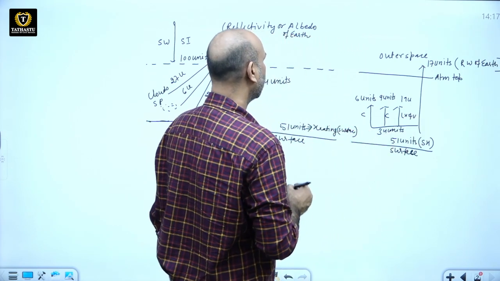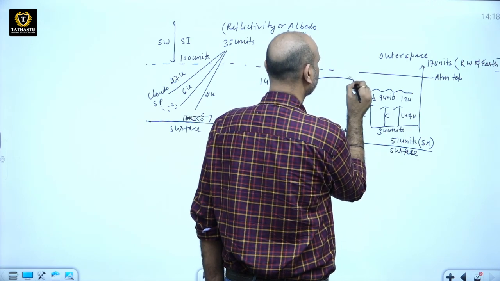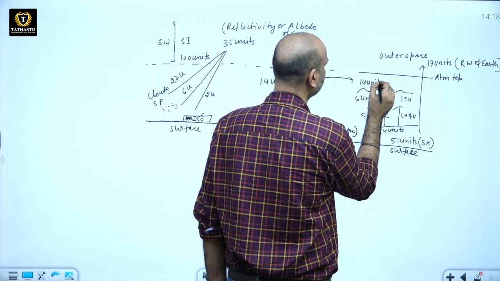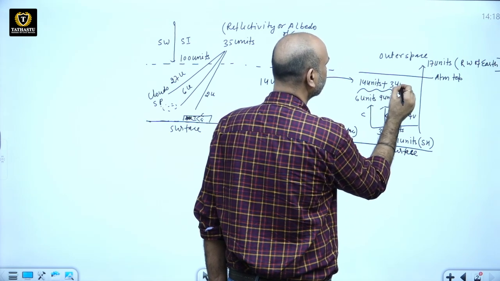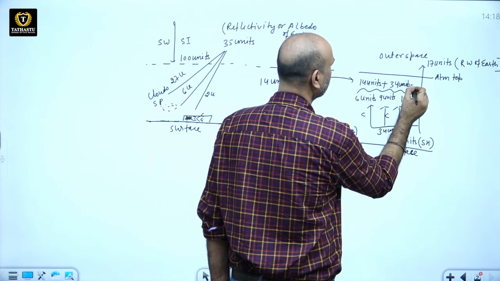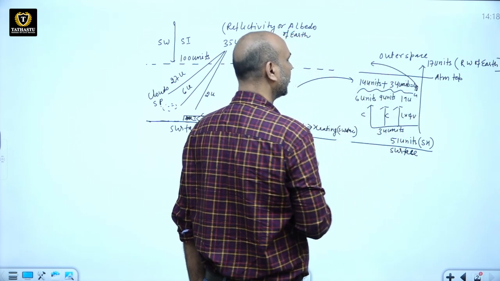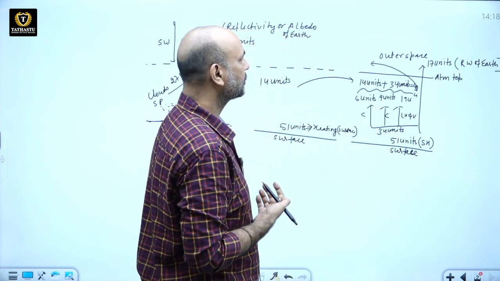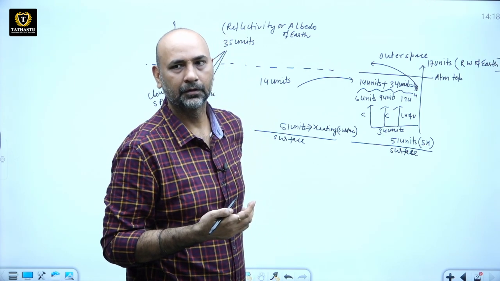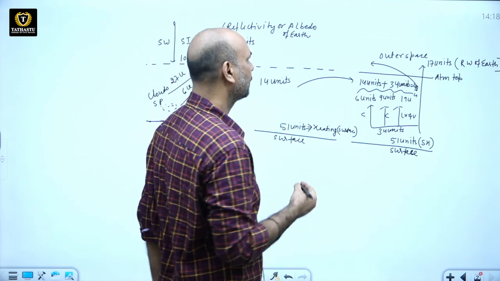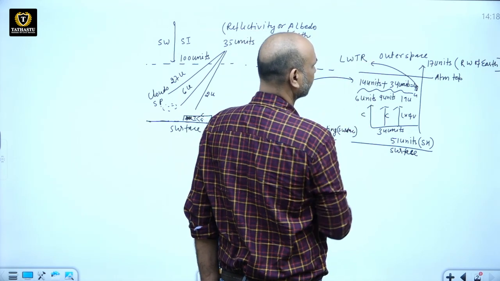So how much now atmosphere has? 34 units plus 14 units, that is, those are 48 units. These 48 units are again re-radiated to outer space in form of long wave terrestrial radiation.